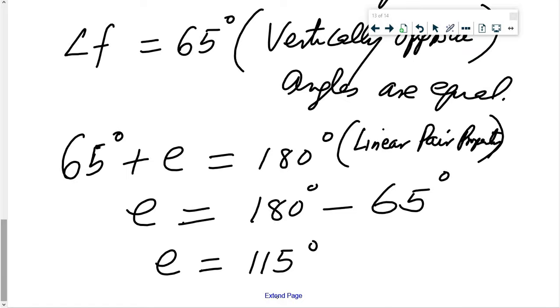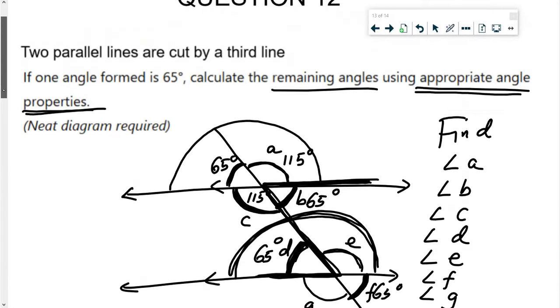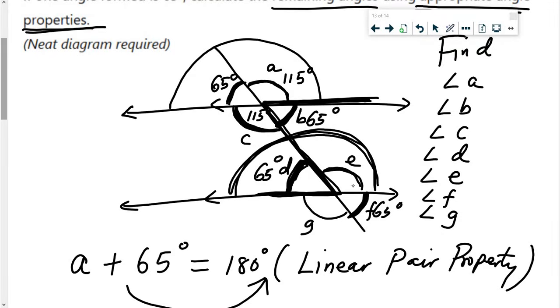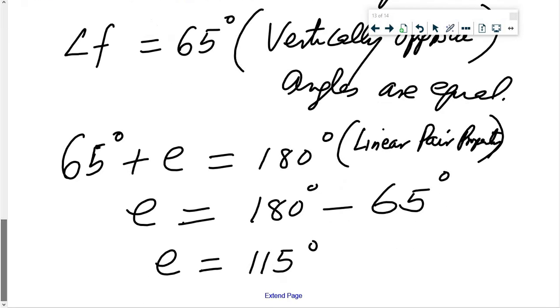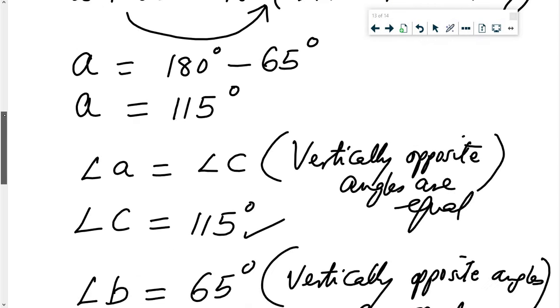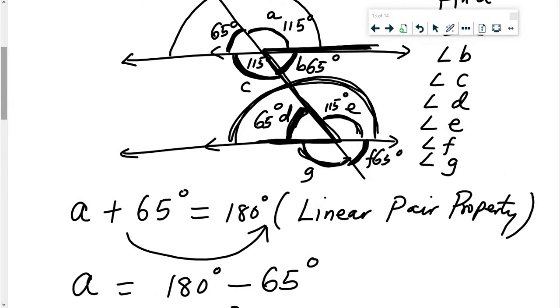Okay? So now we know that E is 115. Can we get angle G? So angle E we got 115. Can we get angle G? Yes, we can. This is 115.